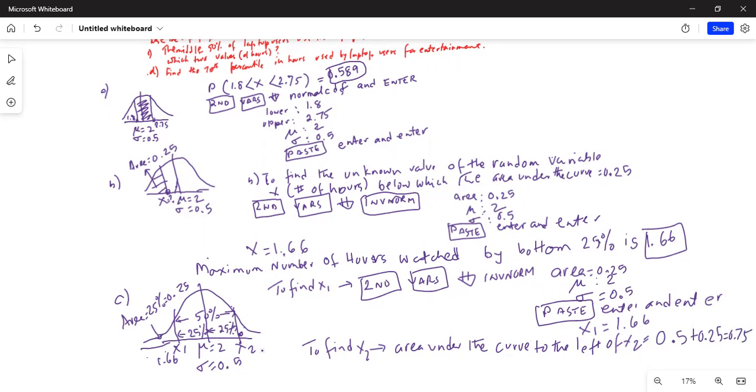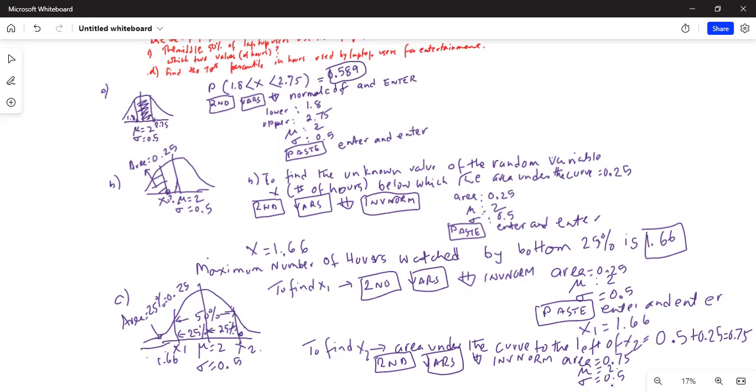Okay. Then again we go to second verse, scroll down to inv norm. Now the area is 0.75 and mu is 2, sigma is 0.5, paste and paste.